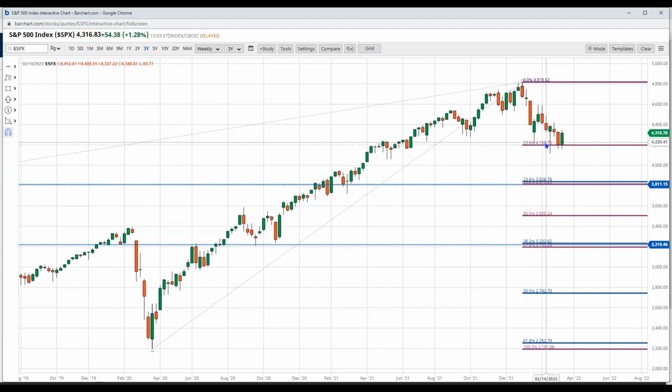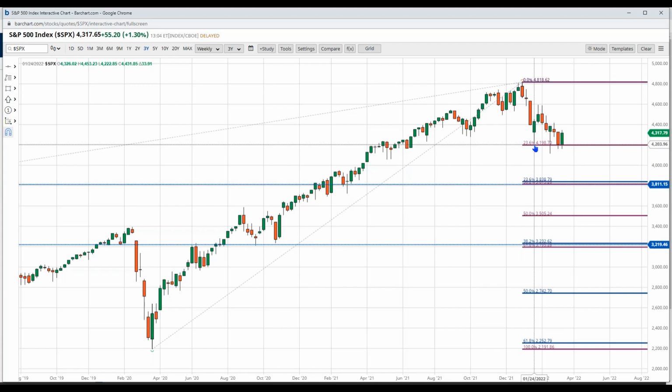We got a shallow retracement at that 23. Now, does that mean that the market is going to go higher? Maybe, I don't know. But it's telling me that maybe this is a strong bull market and this is just a short-term correction. If price now goes below here, then we would start thinking about the next level of correction, which would be around that 38%.